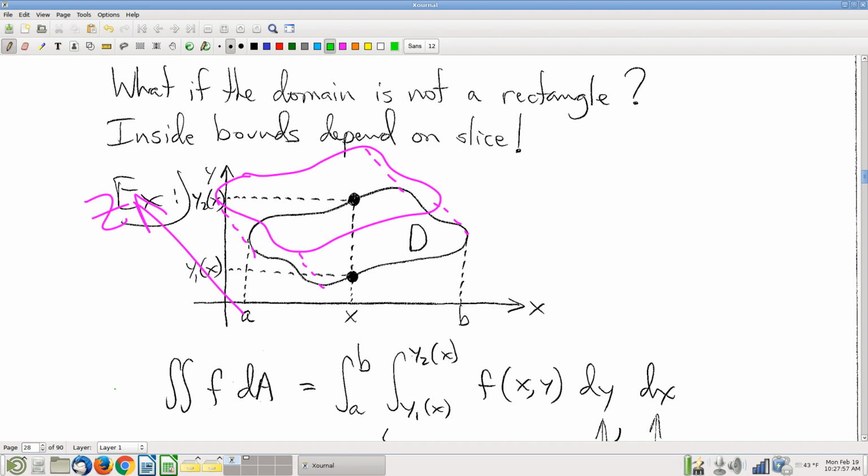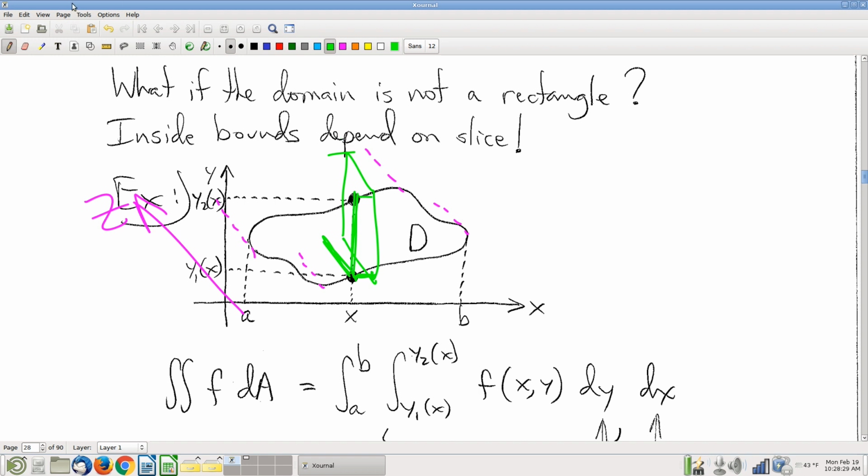To do it with iterated integrals, I would take slices like that and multiply the area of that slice times the thickness in the x direction, right, and add up all those little volumes.